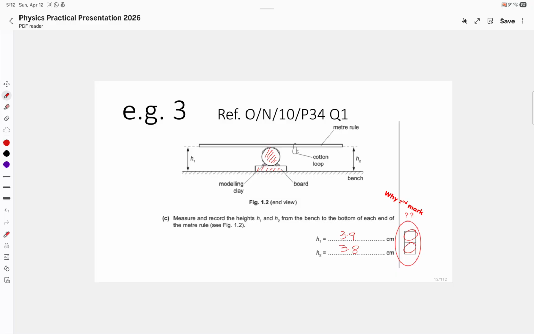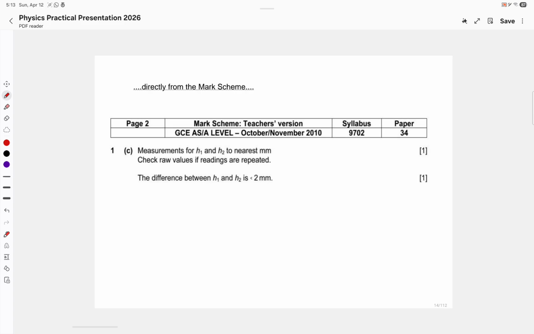There will be wind blowing, the presence of air, similarly hand vibration, a little vibration on the bench surface. So we might expect a little difference in h1 and h2, and let's see exactly how the mark scheme suggests this particular part of the question.